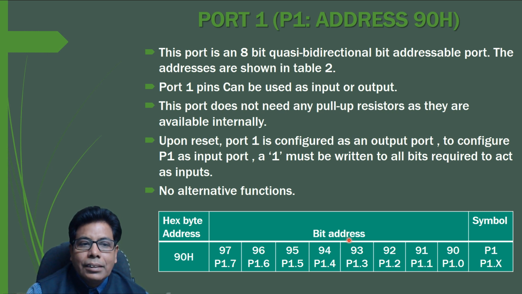Then upon reset, port 1 is configured as an output port. If you want to configure it as an input port, 1 must be written to all bits required to act as inputs. Then there are no alternate functions for this port. It is only used for input and output.